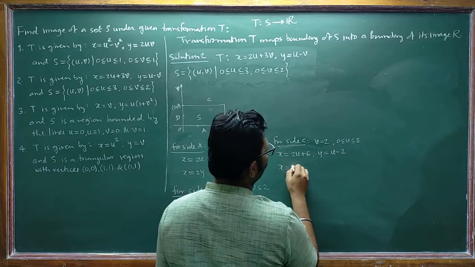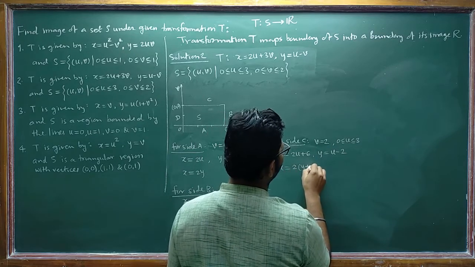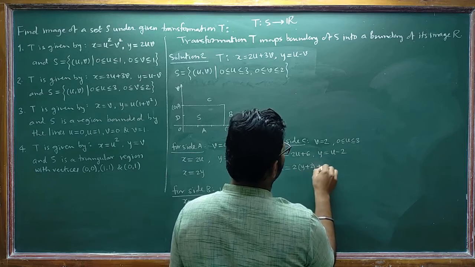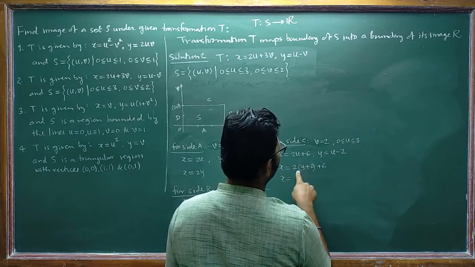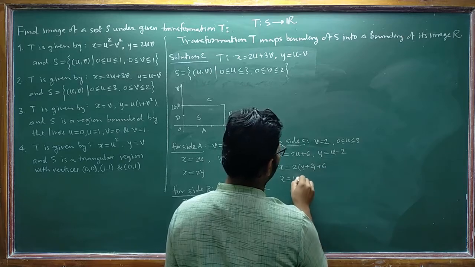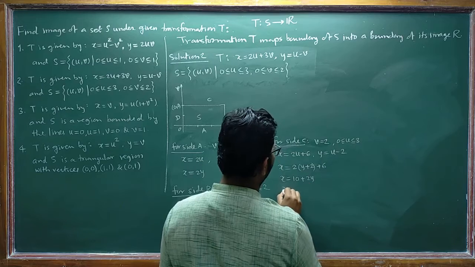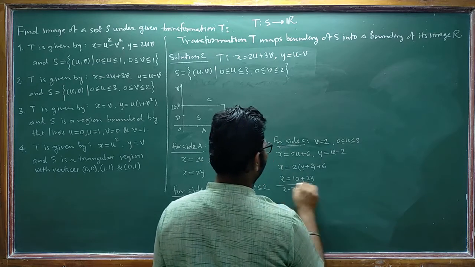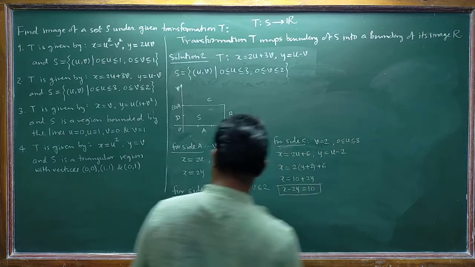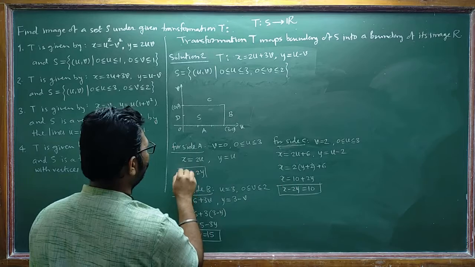X is 2 times u, u is y plus 2, plus 6. So what we get? X is 2y plus 4 plus 6, so it is 10 plus 2y. That means x minus 2y is 10. So these are the equations we are getting.